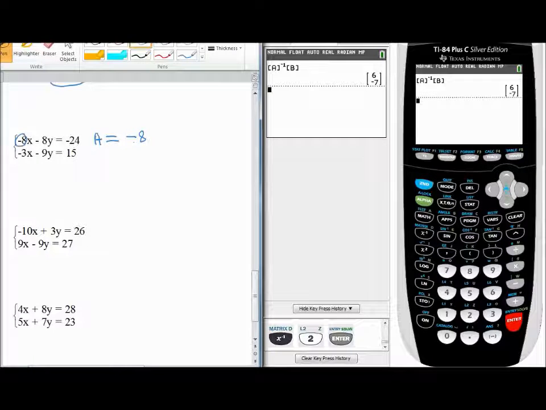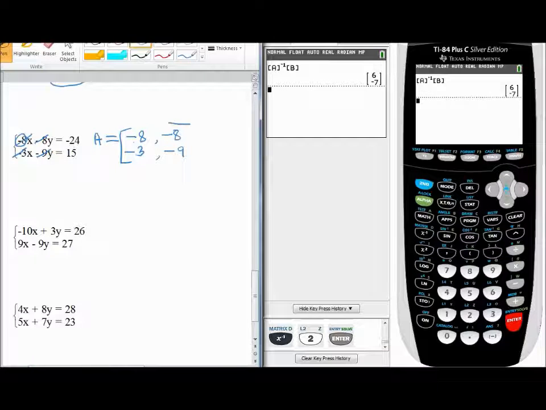So I got that one here. Okay? The second one would be negative 8. That's my y. Now for the next equation, the x coefficient is negative 3. And the second coefficient for y is negative 9. Okay? That's matrix A.